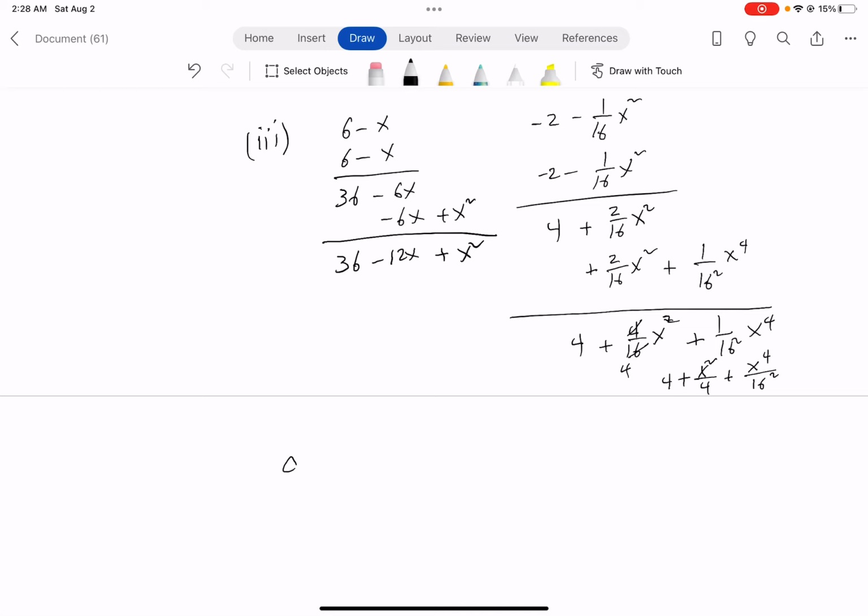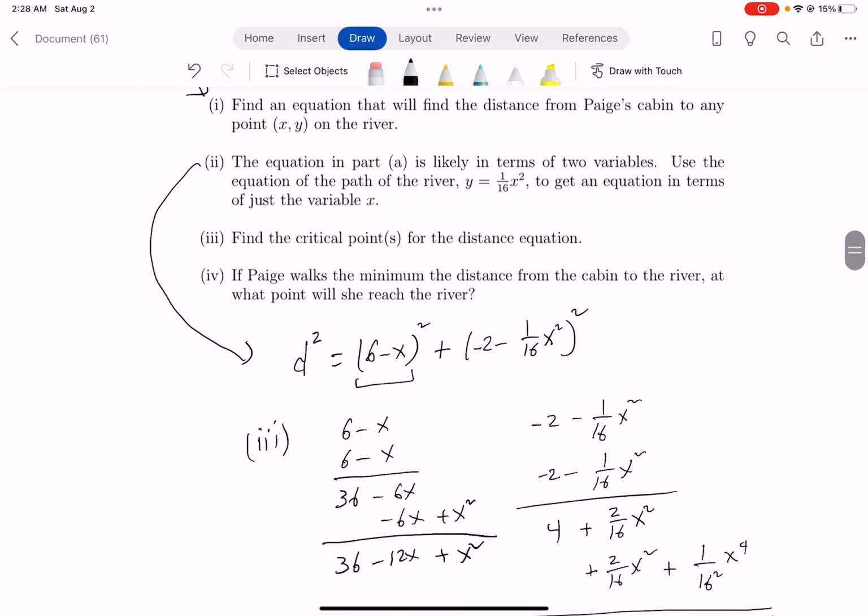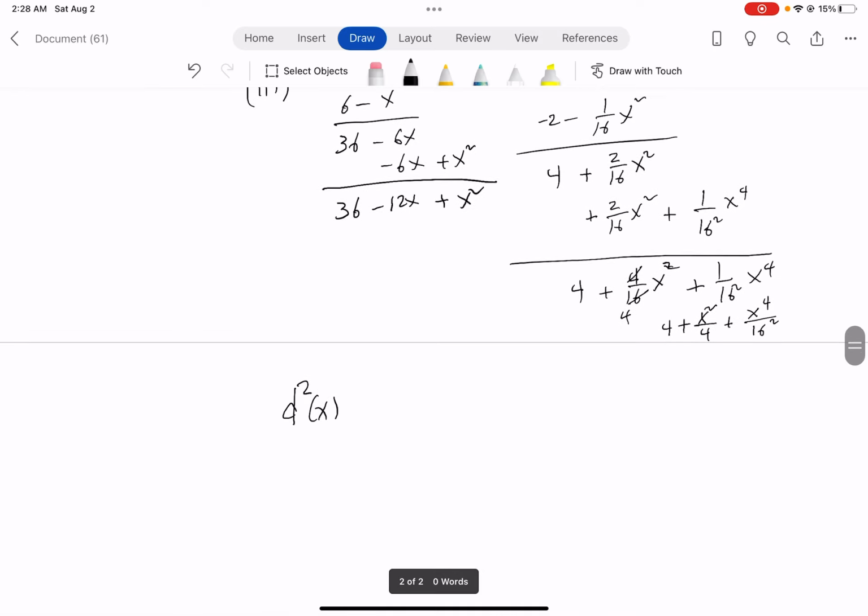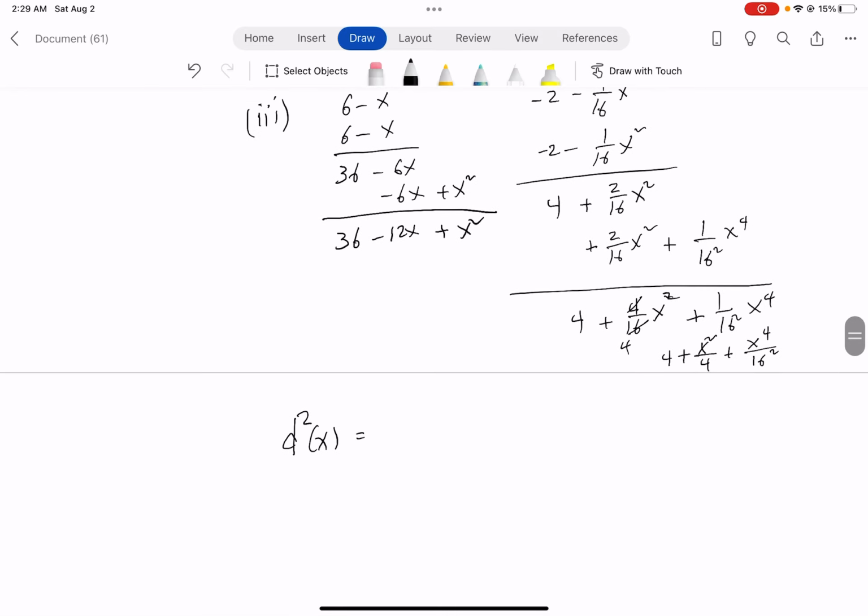The distance squared as a function of x is x squared minus 12x plus 36, this one, and then plus this one, x to the 4 over 16 squared.